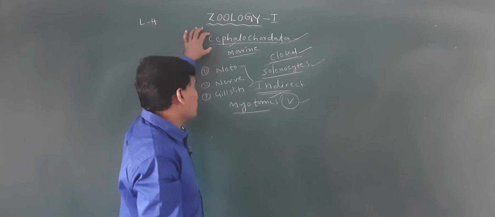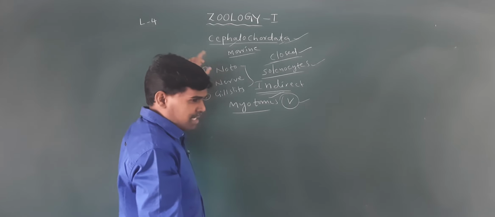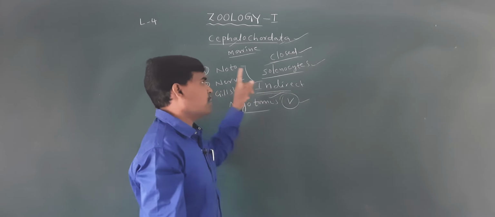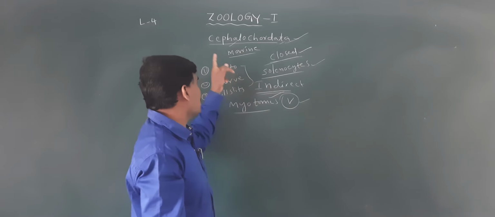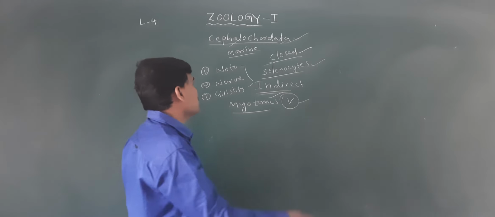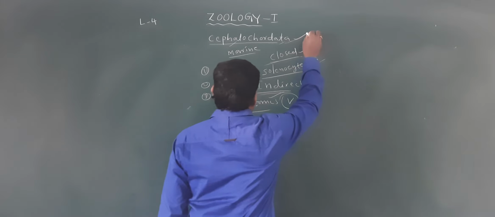The notochord extends from the anterior to the posterior part, including the head region, hence the name Cephalochordata.